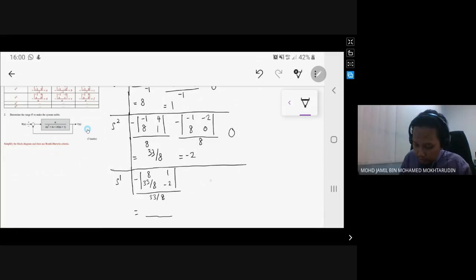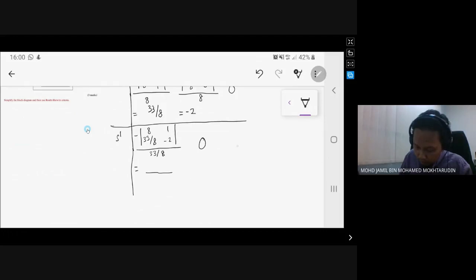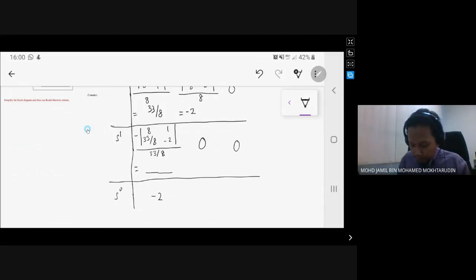And then here it will be 0. S0 will be minus 2, okay.